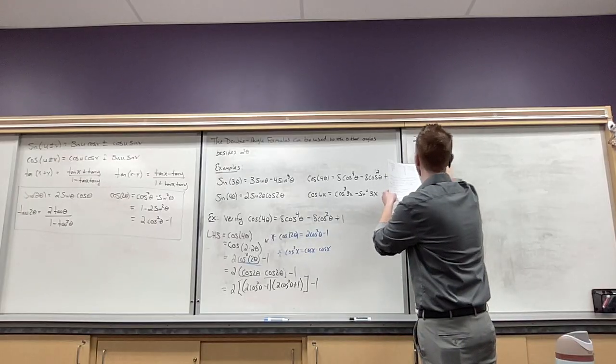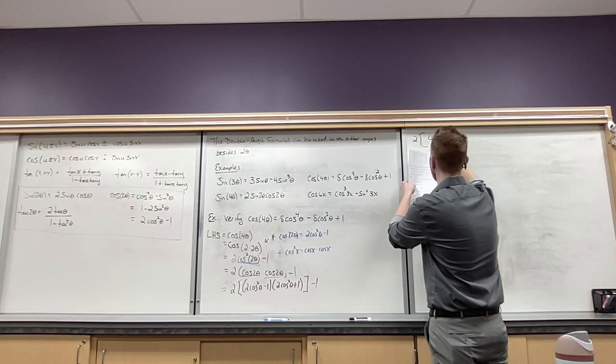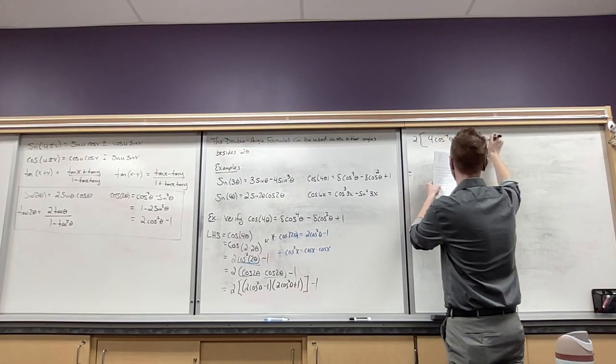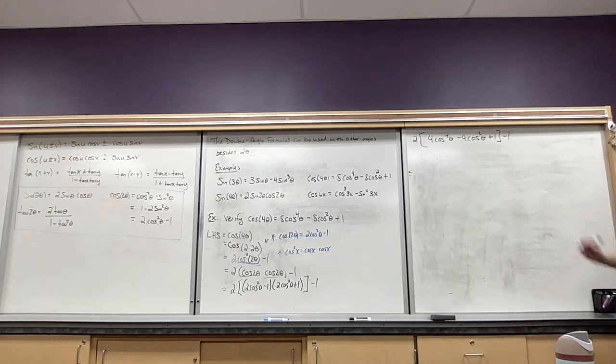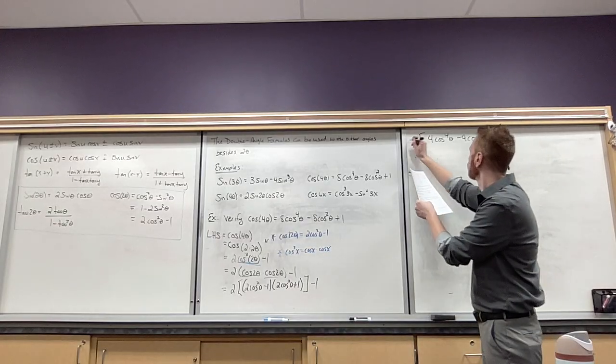So simplifying what's here, if I multiply these out, you get 4 cosine to the 4th of theta minus 4 cosine squared of theta plus 1. Again, that's just me multiplying those two things in parentheses. Multiply 2 through everything.